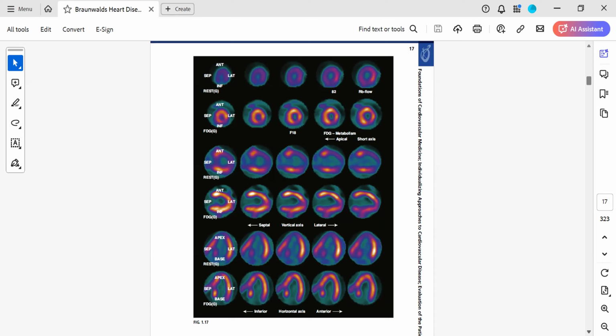But like I said, we're talking about myocardial viability. So when you compare the flow tracer images with the metabolic tracer images, what happens is that for a hibernating myocardium, the flow will be reduced to that area because some sort of ischemia has already occurred, but there is no cardiac myocyte loss yet.